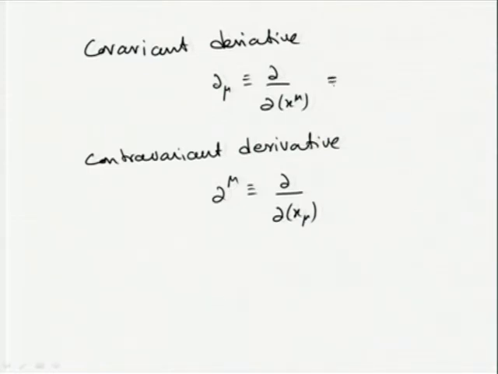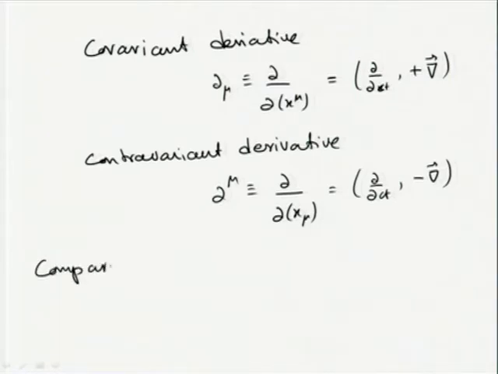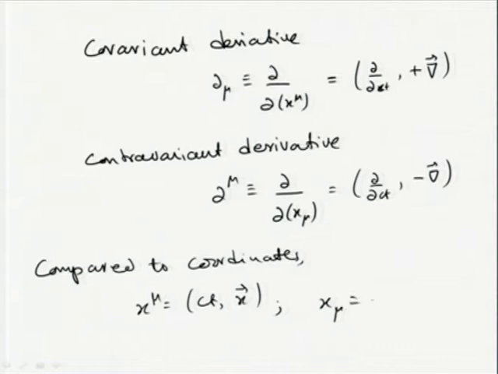This is essentially ∂/∂ct minus the gradient operator. One thing to notice is that the coordinate x^μ is (ct, x), and the covariant x_μ is (ct, -x).